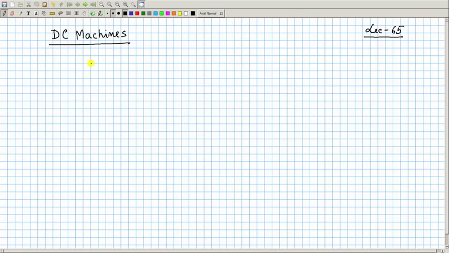And the DC machine, henceforth I will be drawing like this. As you know, these are the brushes and this is the field coil, that is all.